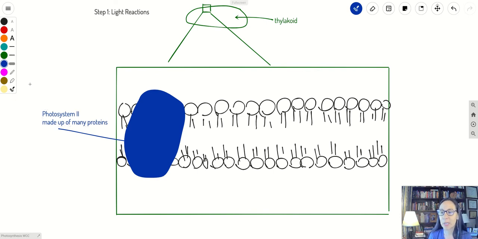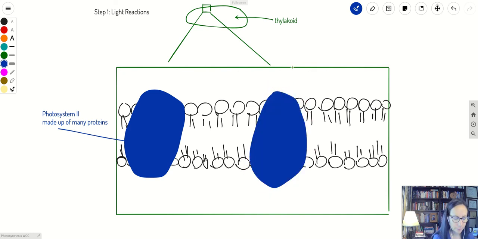I'm going to put another one here. This one's called photosystem 1.